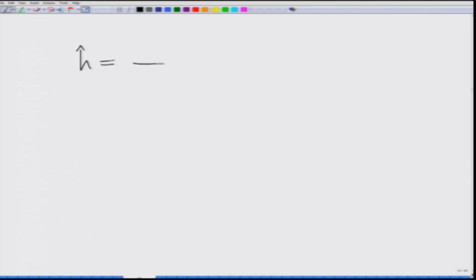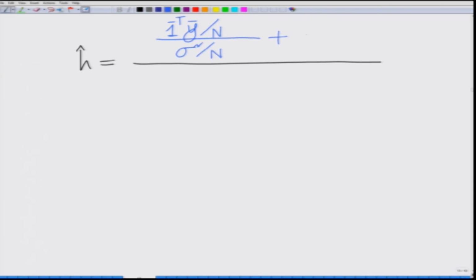Although initially it looks very complex, it has a very beautiful interpretation. 1 bar transpose y bar divided by n divided by the ML variance plus the prior mean divided by the prior variance, divided by inverse of the ML variance plus inverse of the prior variance.